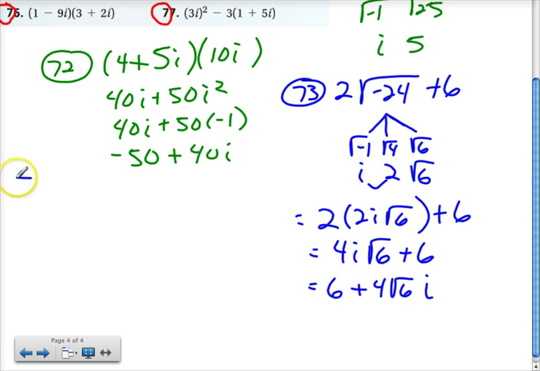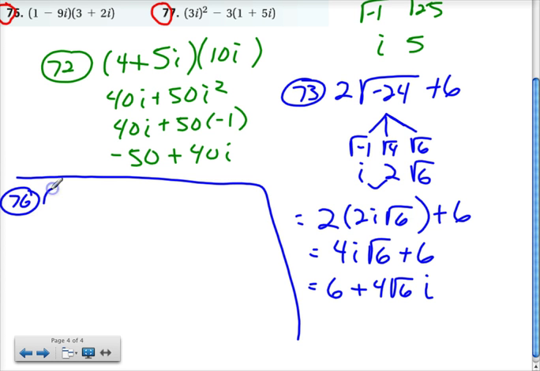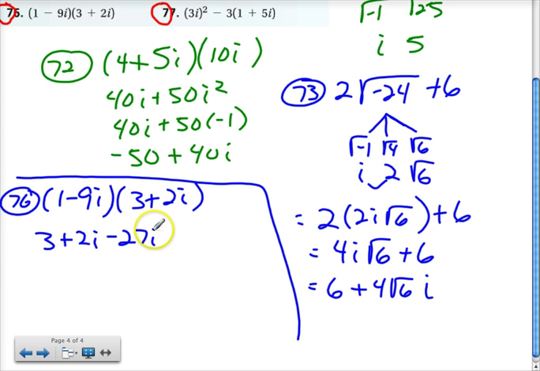Then number 76, I showed you this one. I showed you one a little bit earlier where we were multiplying, but I want to make sure that everybody has that down. So the first thing I did was I looked at the problem and made sure there was no addition or subtraction in between the parentheses, which means I'm just supposed to use FOIL on this. So first times first would be 3, outside times outside would be 2i, inside times inside would be a negative 27i, and last times last would be a negative 18i squared.